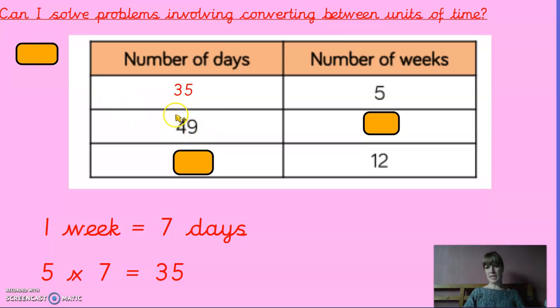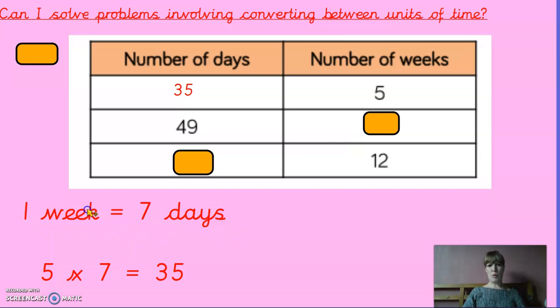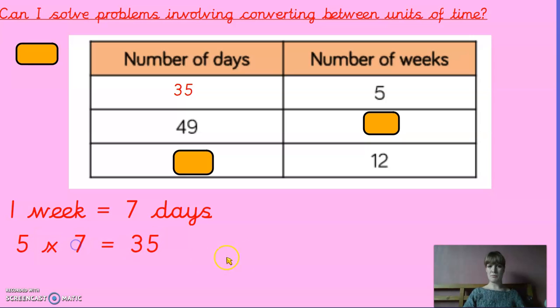Now I've got 49 days here. I'm circling with my mouse. And then I want to know how many weeks that is. So with the top one, to find out how many days it was, I had to times it by 7. Wonder what you have to do now. What's opposite to times? Oh, it's divide, so I have to divide.